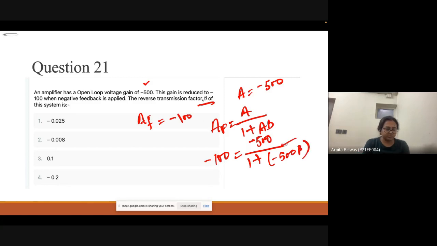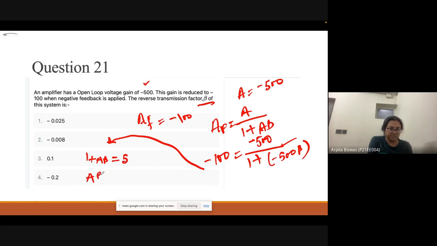Now tell me what is the value of beta? So from here we can write 1 plus A beta equal to 5.